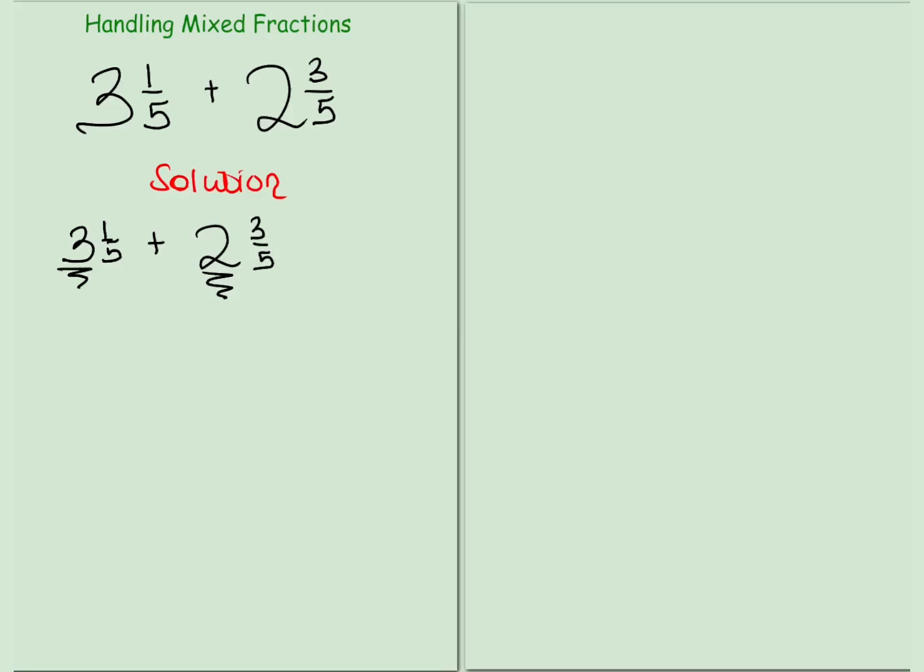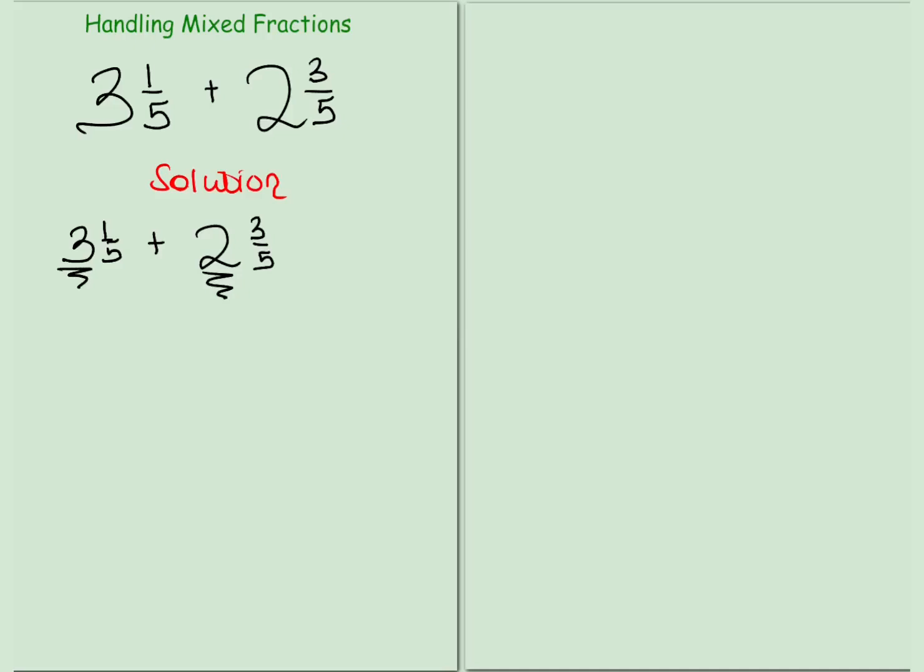The first method is, since we have whole numbers, let's add the whole numbers separately, and then we also add the fractions separately. And then the second method, you have to change both fractions to their improper forms. So let's look at both. Then you can take the one that you think suits you.